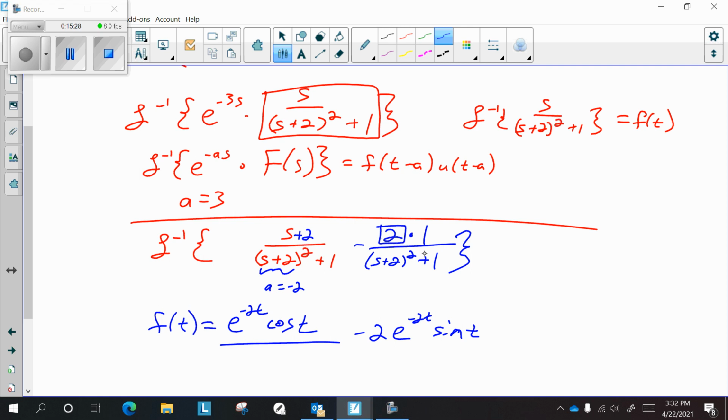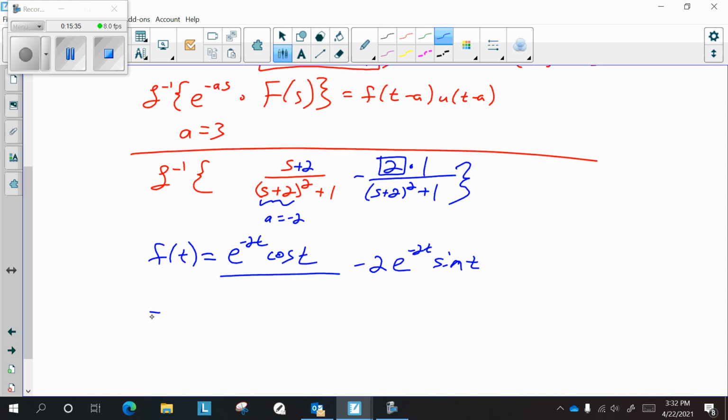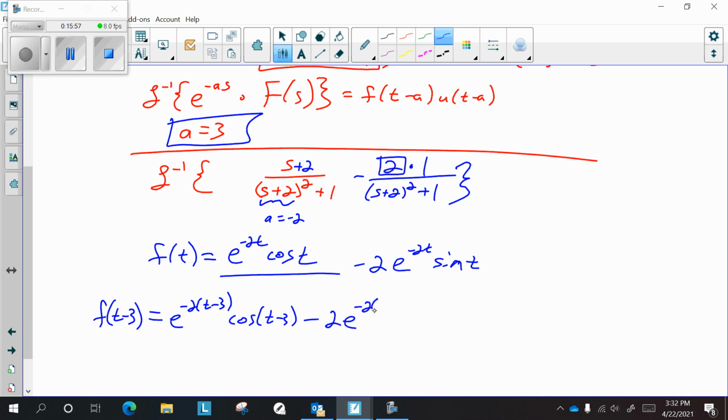Remember, that is big F of s. When we transform that back, that becomes f of t. So our answer, remember, is f of t minus a, where that a is 3. So we need f of t minus 3. In that function, everywhere we have a t, we replace it with t minus 3. So e to the negative 2 times t minus 3 cosine of t minus 3 minus 2 e to the negative 2 times t minus 3 times sine of t minus 3.